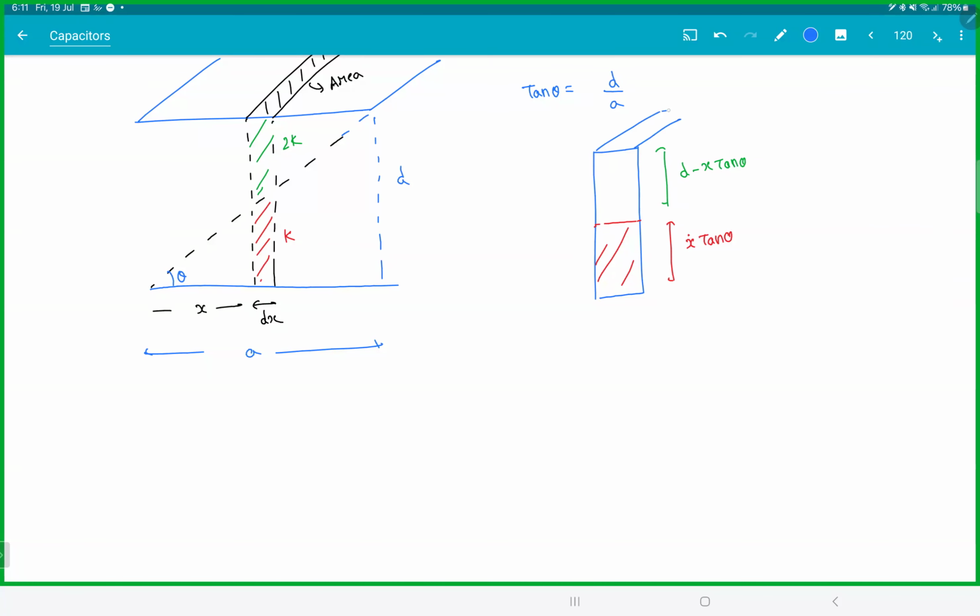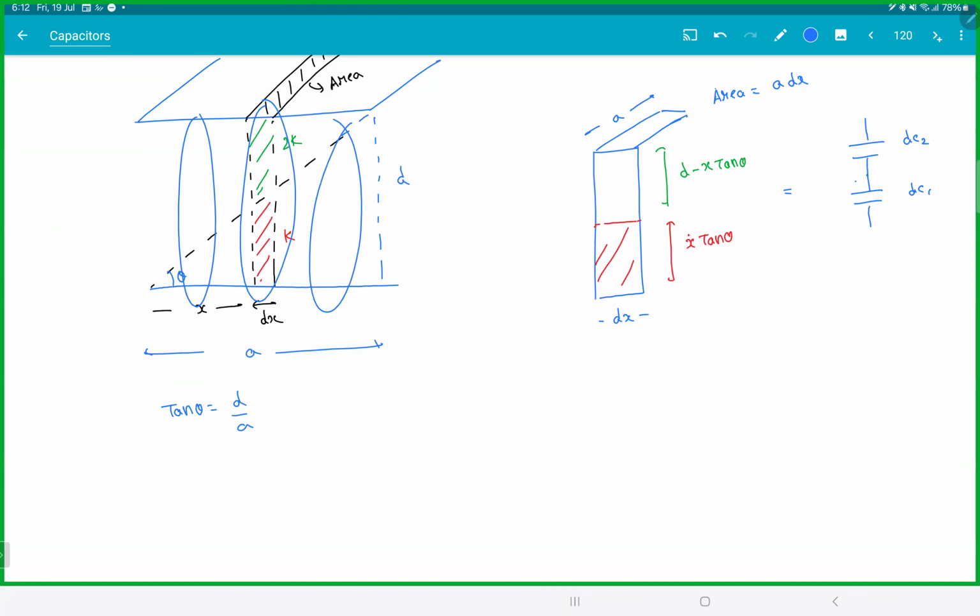And this top part would be the area. Area would be a into dx. This was a, and this thickness was dx. So you can treat this as two capacitors, dC2 and dC1. You're getting? Both of them are in series, and these slabs are in parallel because all have the same potential difference. Is that making sense?